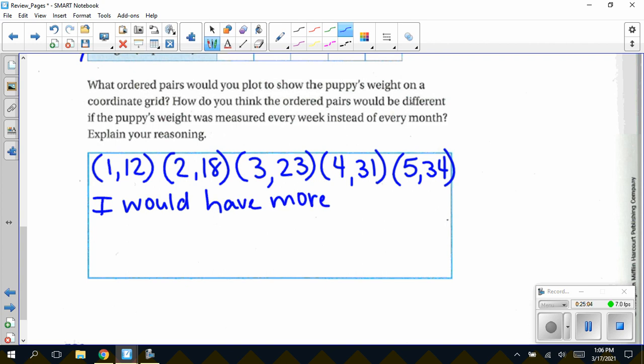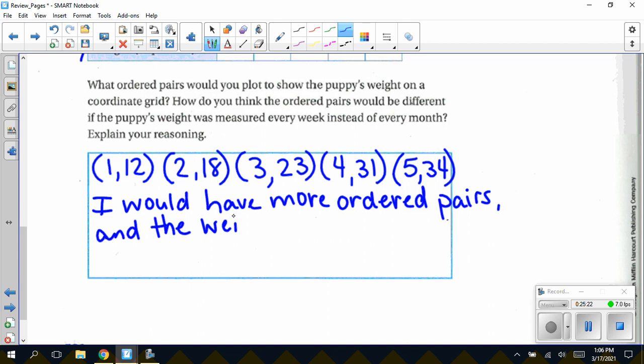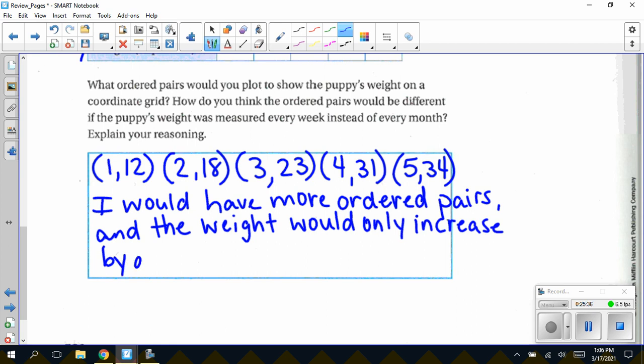And the weight would only increase by a little each week.